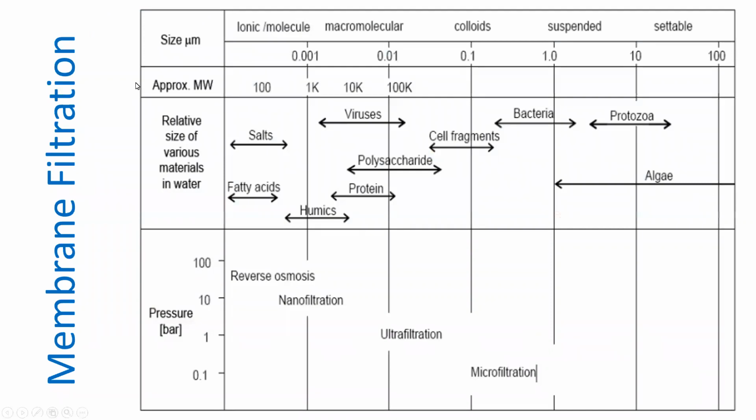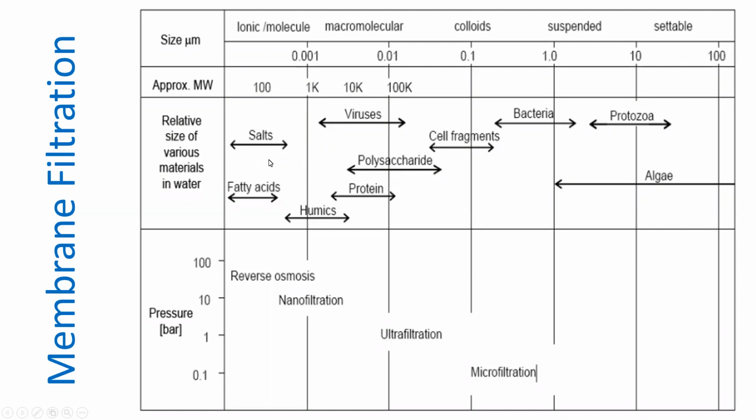Now talking about membrane filtration, again we need to see what is the size of those molecules that we want to get rid of using our technology. In micrometer range, 0.1 micrometer is cell fragments, and 0.01 micrometer is viruses, polysaccharides, and protein. Then 0.001 is humic acids, protein, salts, and fatty acids.